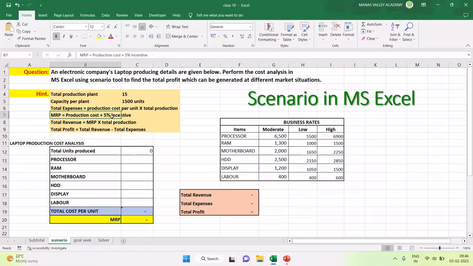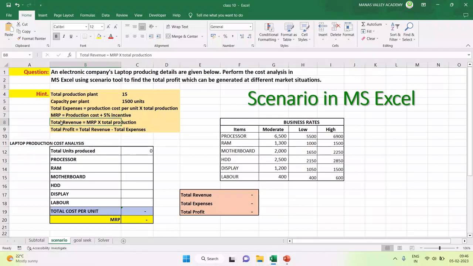So the production cost of one unit, along with that the company wants to retain 5% of benefit. So for one unit's MRP, the company will calculate whatever the production cost is, and on that production cost the company will add 5% incentive, and that will be displayed as MRP to sell the product in the market.